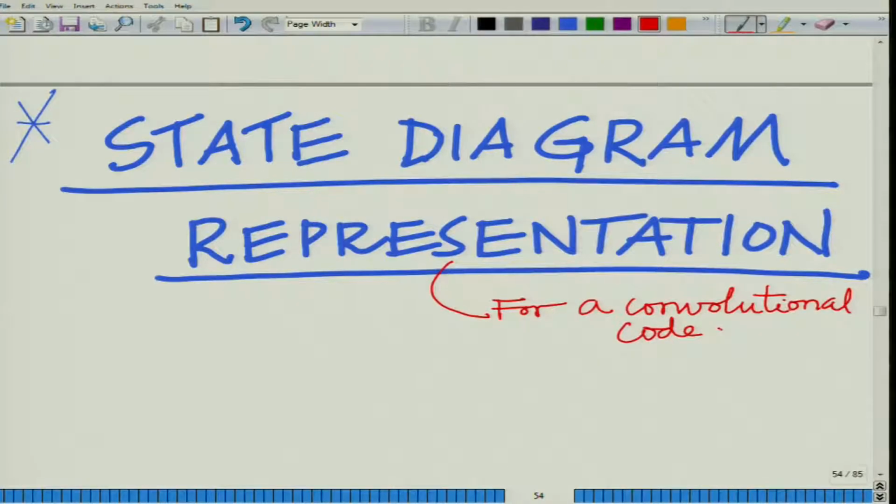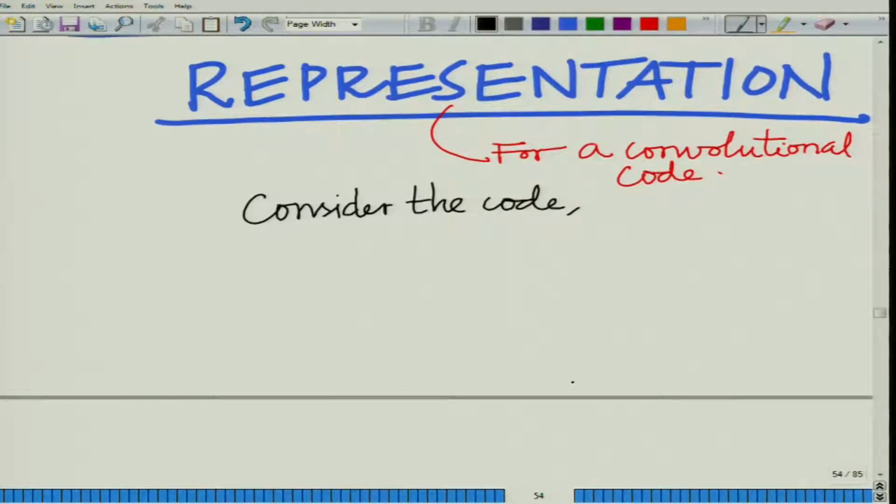And again let us start by considering our code, the same code that we have been considering so far, which is basically the code bit C0j at time instant j is xj plus xj minus 2.